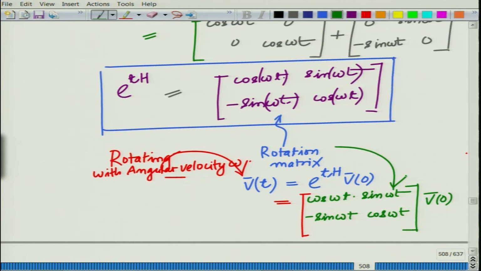So, V bar t is basically a rotated version of V bar 0. V bar 0 is continuously rotating to obtain V bar t, and the angular velocity is basically omega. You can also see this is going to be periodic, because you have cosine omega t, sin omega t, and so on.